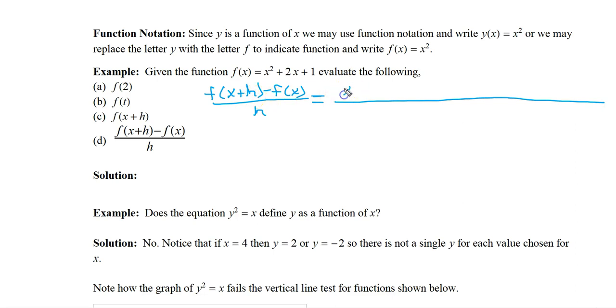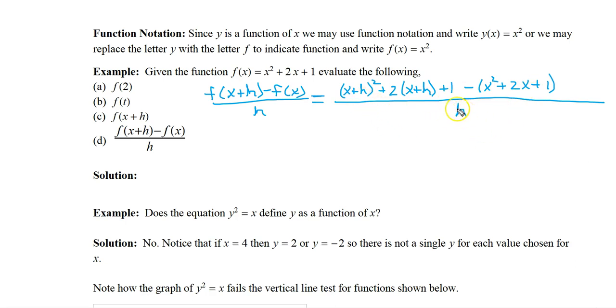Well, that's going to be, okay, so there is f of x plus h. Now minus f of x. And then we divide by h. And there we go. Now there's our answer, but let's actually simplify this.